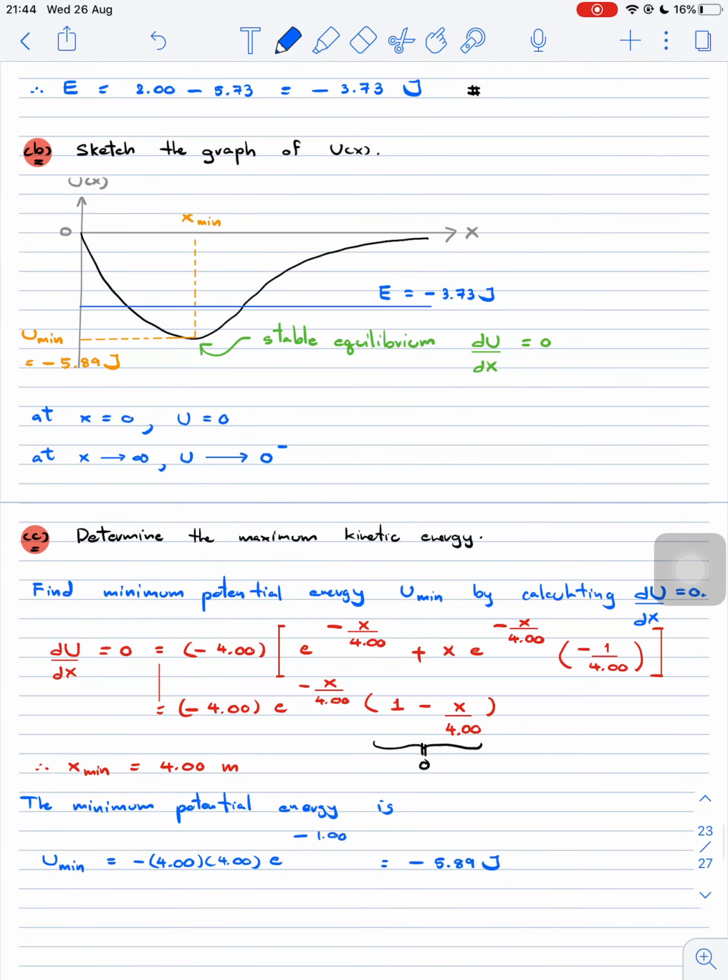Then we just want to find the maximum kinetic energy. The maximum kinetic energy should be the difference between the total energy and the minimum potential energy. So it should be this length. So this will be the maximum kinetic energy.